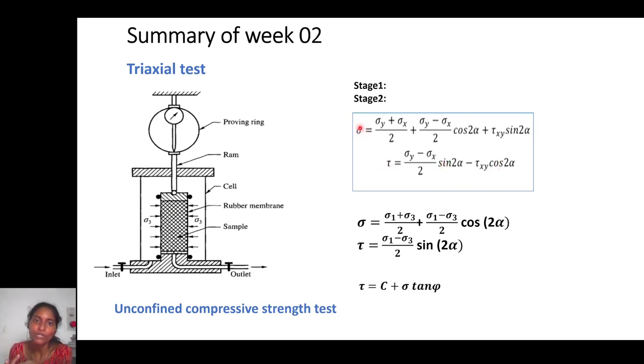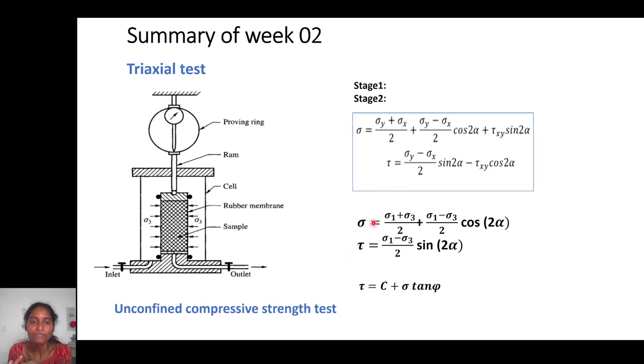If you want to know the normal stress on any plane, or the shear stress on any plane, here all these sigma 3, sigma d are normal stresses. Because they are normal stresses, instead of sigma x, sigma y, we have replaced with sigma 1 and sigma 3. And here we are not applying any horizontal stresses, that's why shear stress we have replaced as 0.